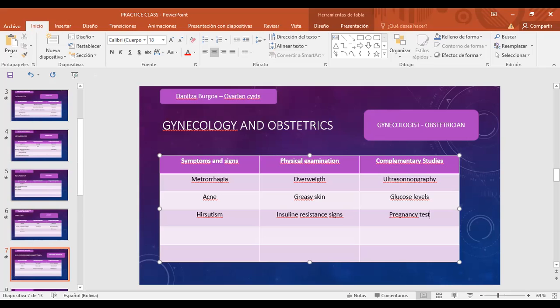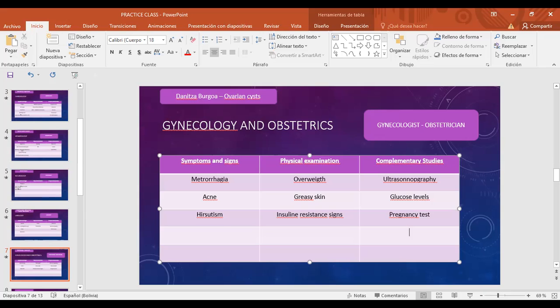Pregnancy test. Awesome. You want to be a gynecologist? Oh no, I don't like the babies. But really, I know a lot of features about this kind of patients. Yes.